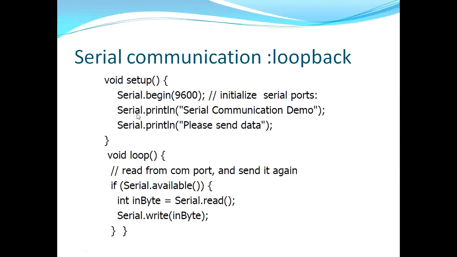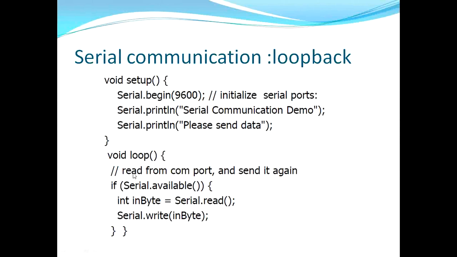Serial.println means whatever you mention inside the double quotes will be displayed on the serial port, and if we have to display it only once, then we print it in the setup. Otherwise, if you want to display the data often, then we have to include it in the loop function.